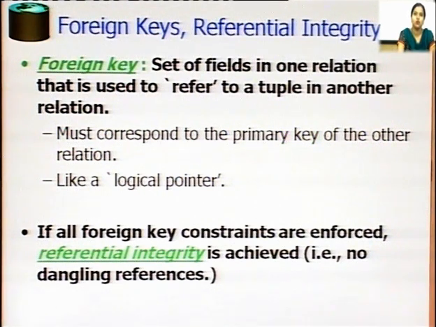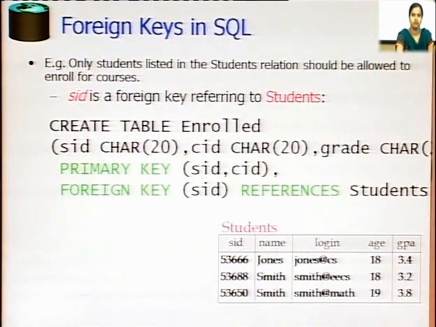A set of fields in one relation that is used to refer to a tuple in another relation must correspond to the primary key of the other relation. So this is the logical pointer, and if all the foreign key constraints are enforced, we say referential integrity is achieved. This is how to define the foreign key in SQL.